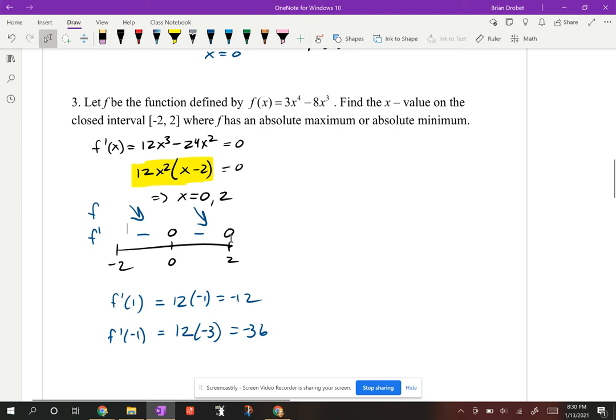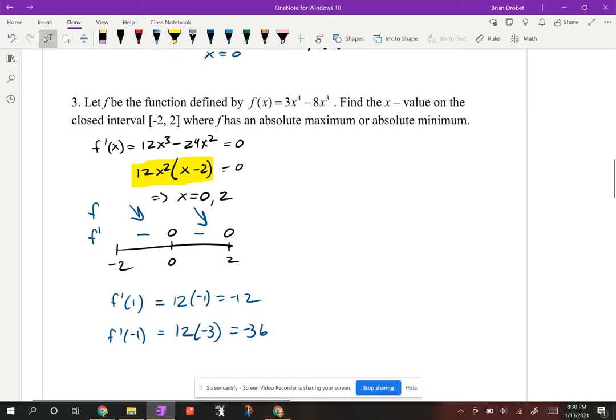Thus, I do not have a local maximum or a local minimum. If you look at the general trend here, you might see that the function decreases, derivative goes to 0, and then it decreases some more. So it's pretty obvious here that the absolute maximum is going to be at -2, and the absolute minimum is going to be at 2.